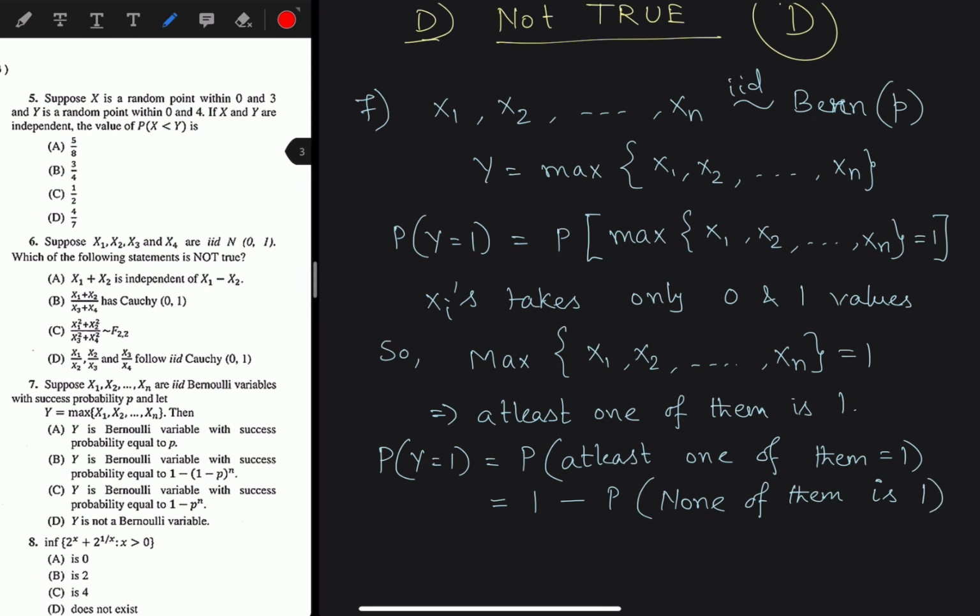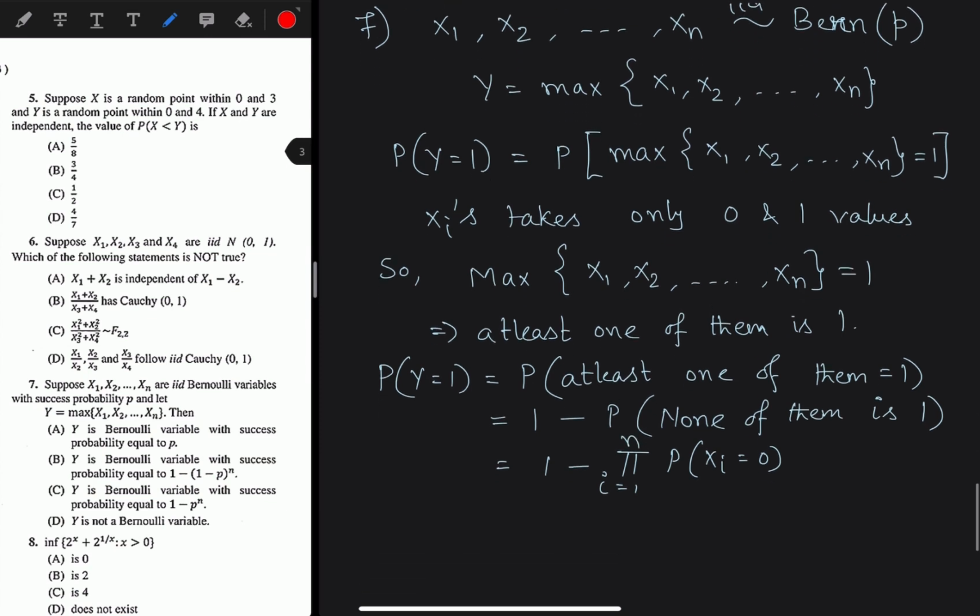None of them is 1 means all of them are 0. So 1 minus the product, as they are IID Bernoulli p, so they must be independent, of all of them being 0, and this is true for all the n events. So it will give 1 minus (1 minus p) whole to the power n. So the correct option will be option B.